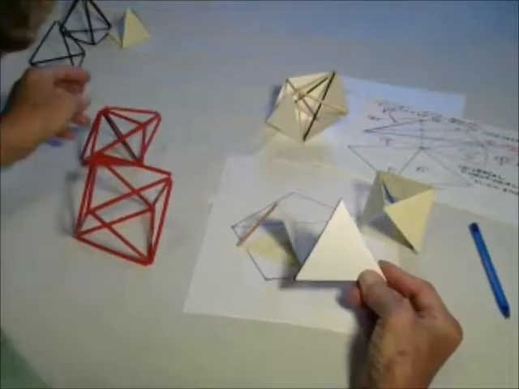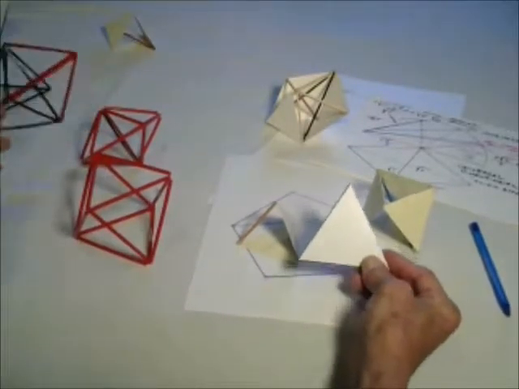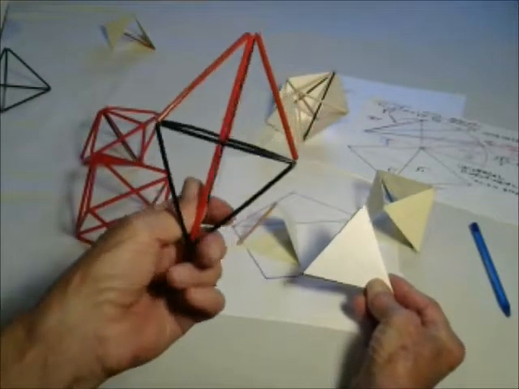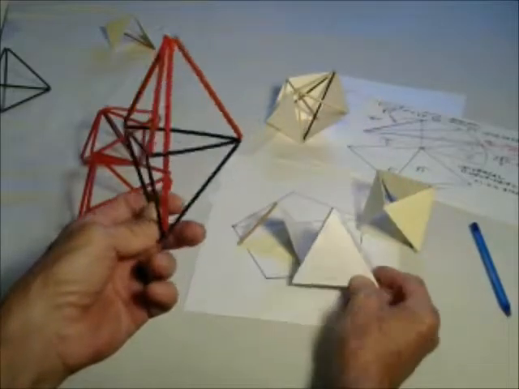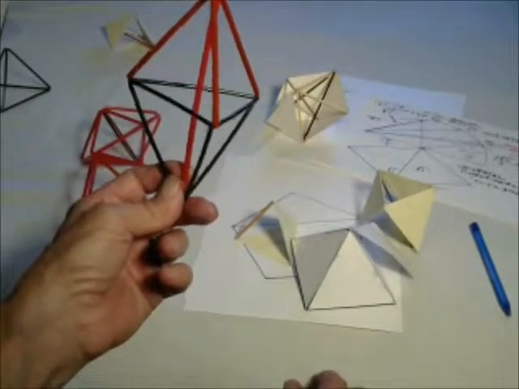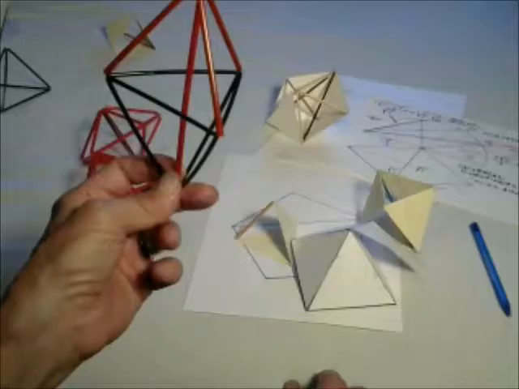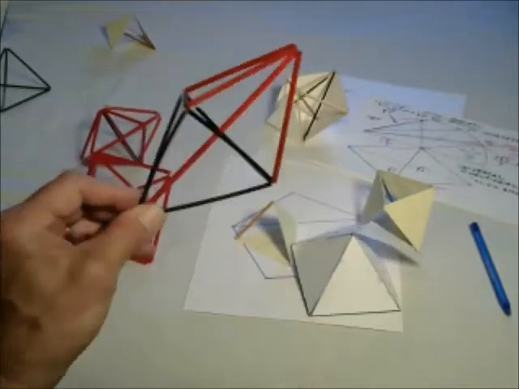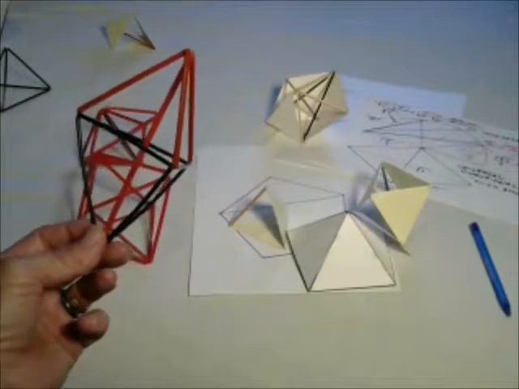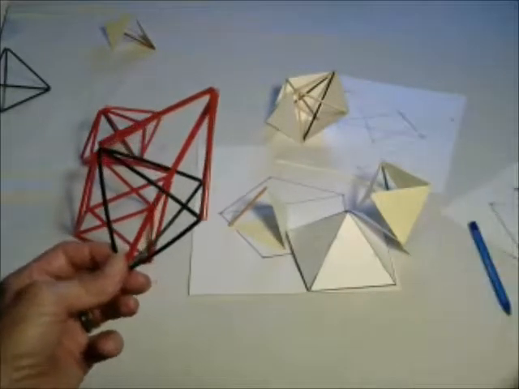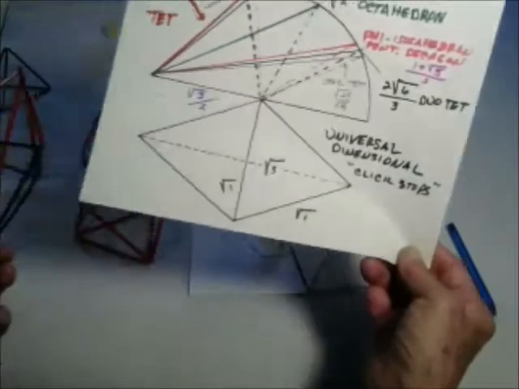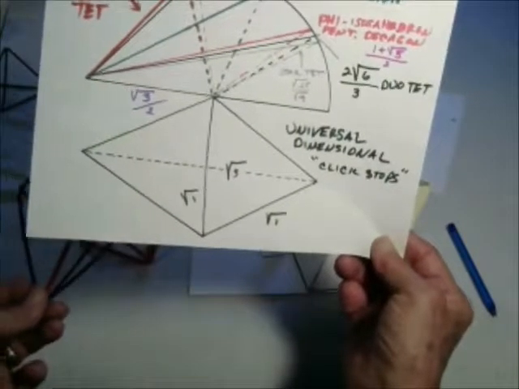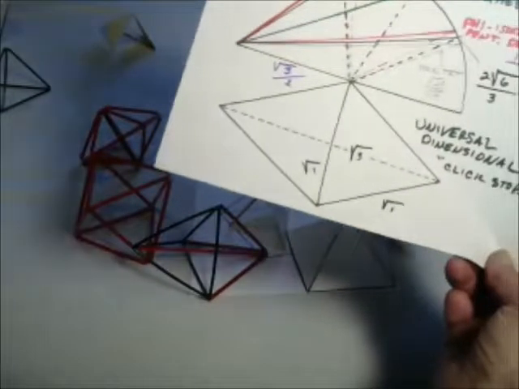Okay, and then when we add another tetrahedron to this tetrahedron, we get the duotet, and we have completed our progression of the prime constants, and all of the click stops are actually represented already in just what we did.